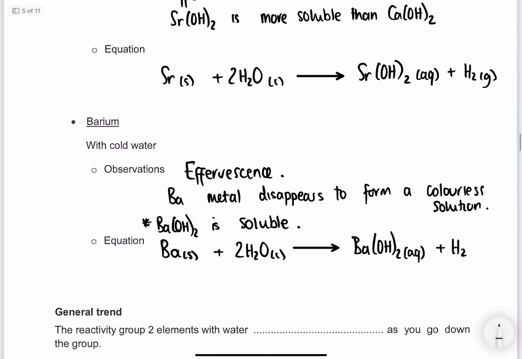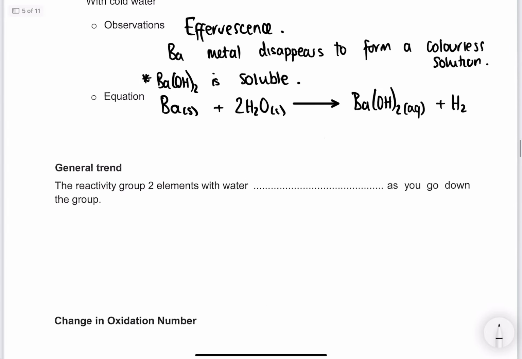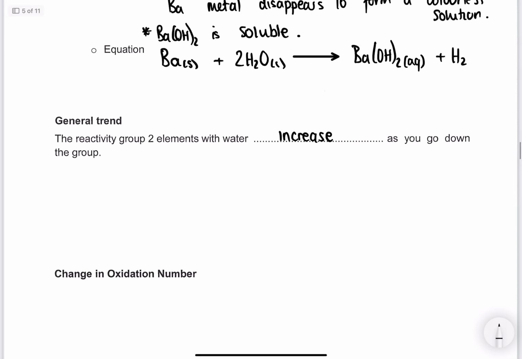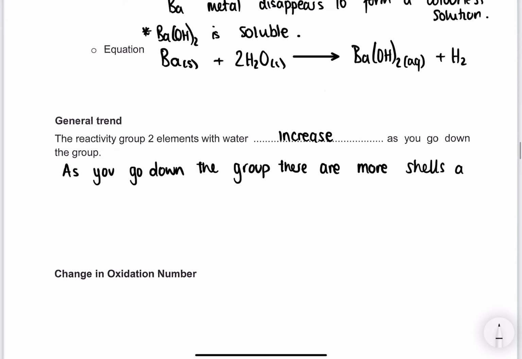Okay. So the general reactivity of the group 2 elements with water, we noticed that we were very slow and then we gradually got faster. They increase as you go down the group. As you go down the group, there are more shells and more shielding.